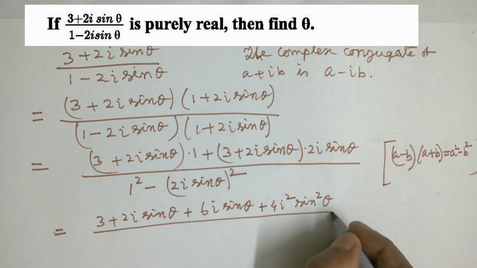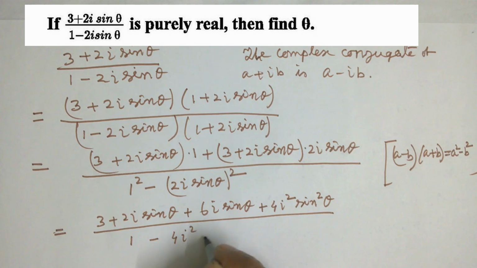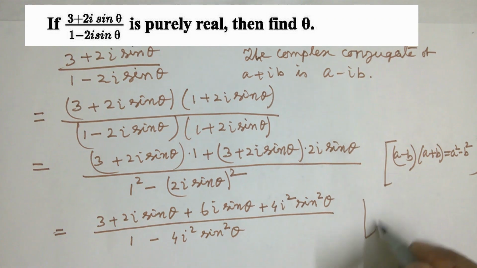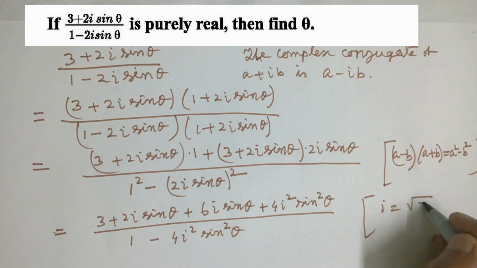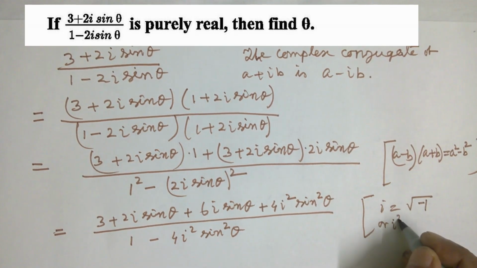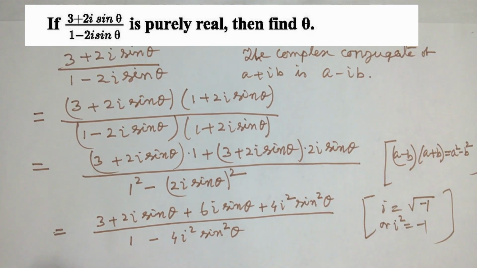The denominator will be 1 minus 4i square sin square theta. See here, what is the meaning of i? i is equal to root over minus 1. So i square will be minus 1. So replace i square by minus 1.